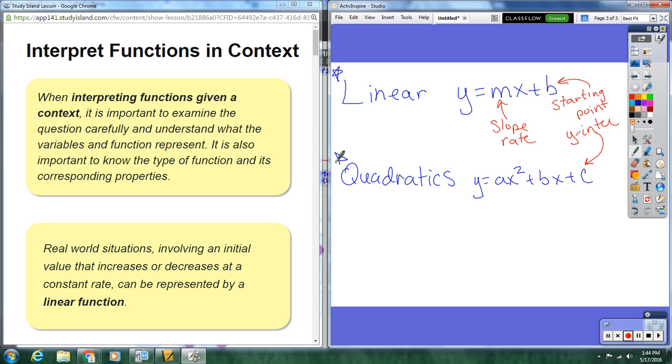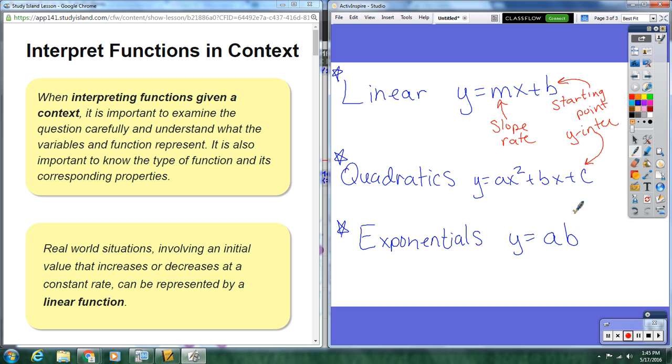And then we worked on, do you remember the last one? We had 3, linear, quadratics, and what is our last one? Exponential. And that's where it starts really slow and goes up really fast, or it starts really high and decreases really fast. So, does anybody remember that one? A times b to the x.